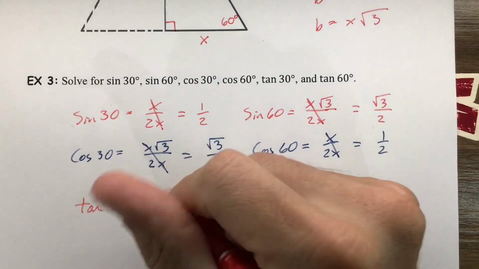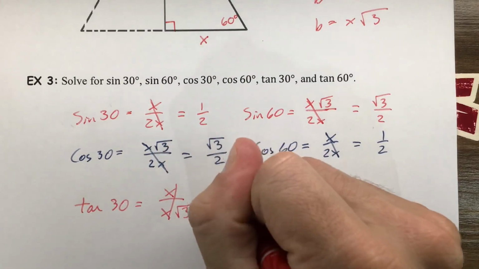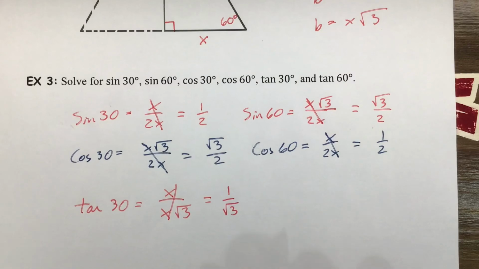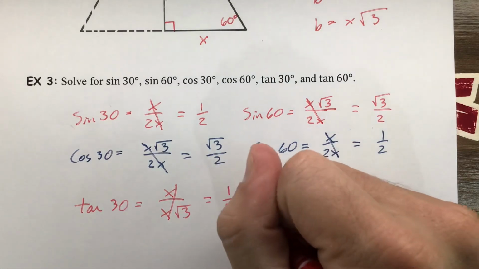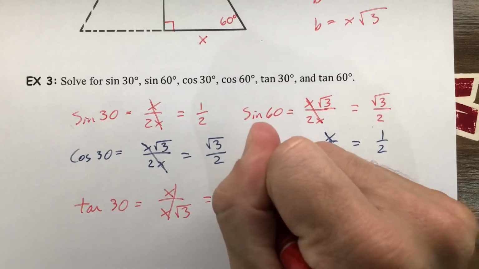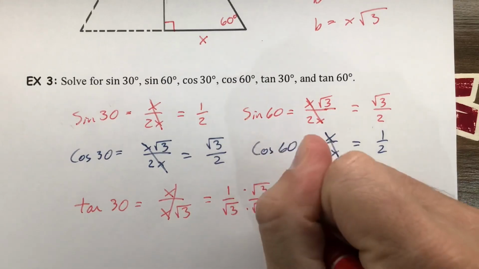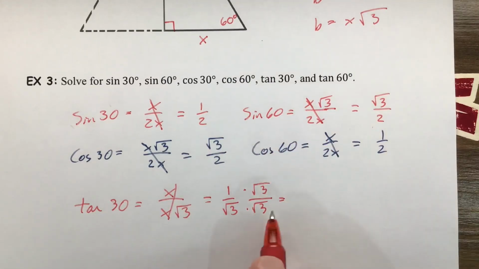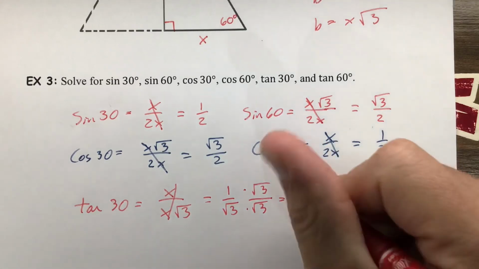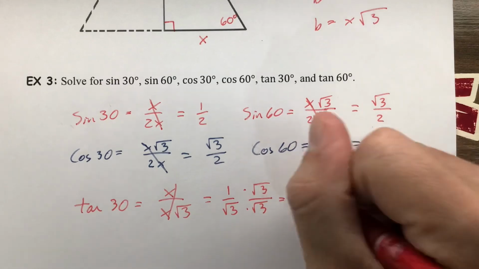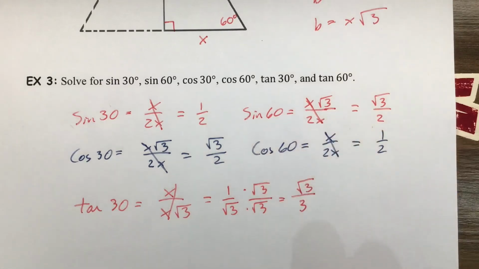The x's are going to cancel. You're going to get 1 over the square root of 3. And we don't like having radicals on the bottom, so we're going to multiply the bottom by the square root of 3 and the top by the square root of 3, which is going to change that denominator into a normal 3, which is what we want. And the top is going to be the square root of 3. So that is the tangent of 30. Let's go check that one out.